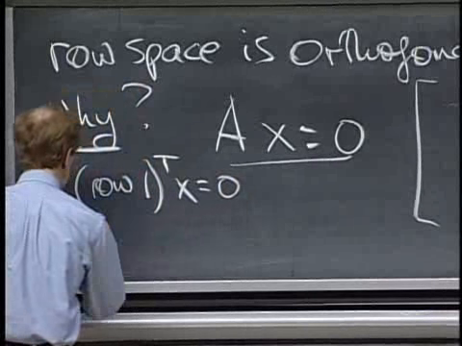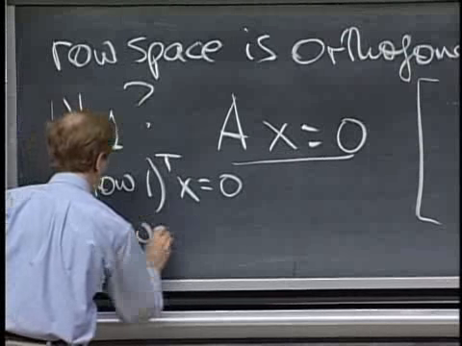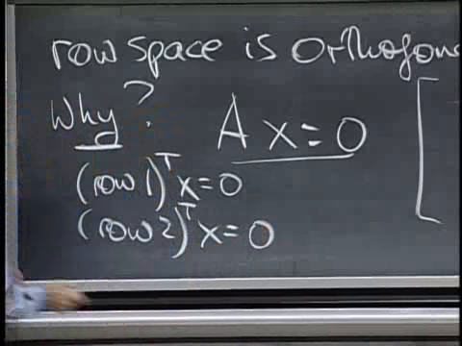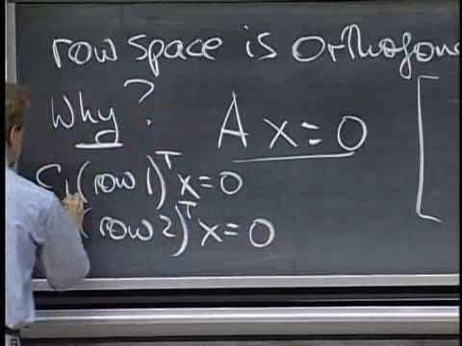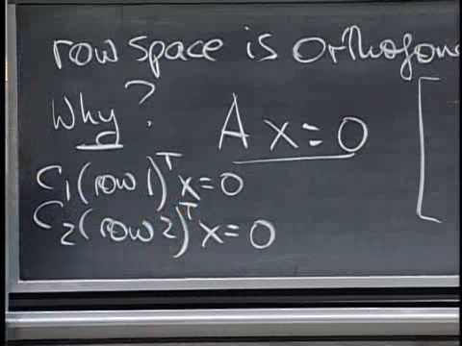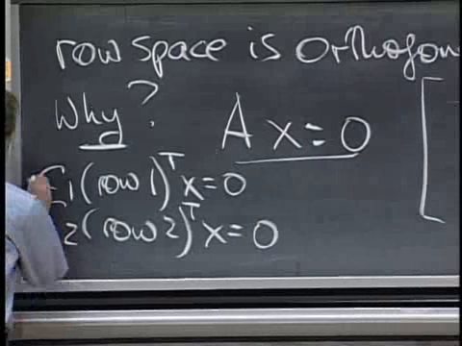Row 2 transpose x is 0. So I'm entitled to multiply that by some c1, this by some c2. I still have zeros. I'm entitled to add.